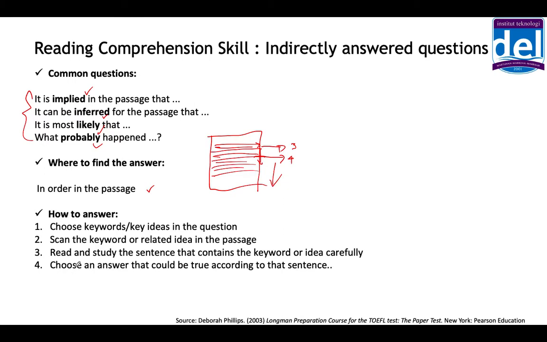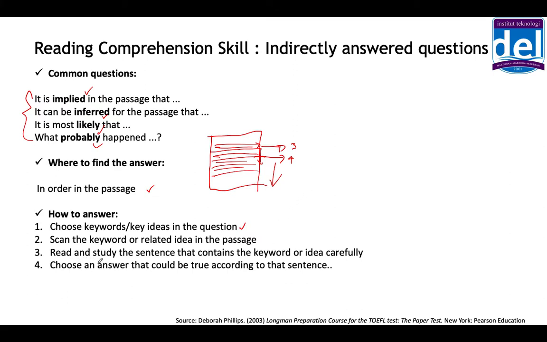And let's talk about how to answer this type of question. Again, this is very similar to directly answered questions. The first thing that we can do is to choose the keywords or key ideas in the questions. The next one, we can scan the keyword or related idea in the passage. In other words, we take the keywords or key ideas into the passage and we read them very quickly.